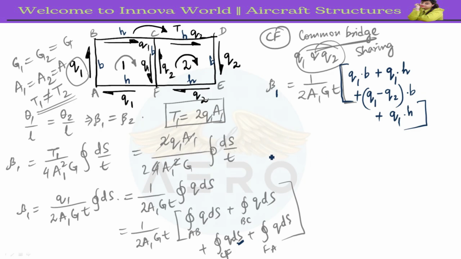Now in a similar way you have to find theta 2. From this equation I can write theta 2 will be 1 by 2A2 G t, if the thickness is constant.